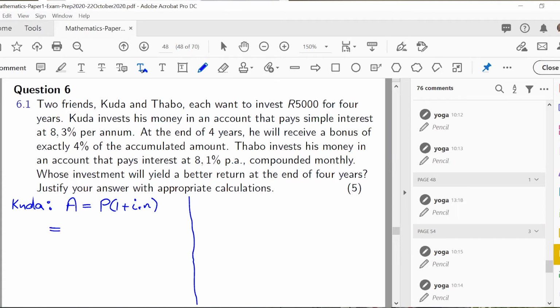And that will be 5,000 into 1 plus the interest is 0.083 and it is accumulating over 4 years. Now we can use our calculator to get 6,600. But at the end, he will get an accumulated bonus.